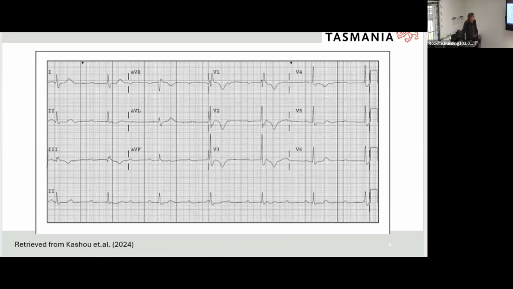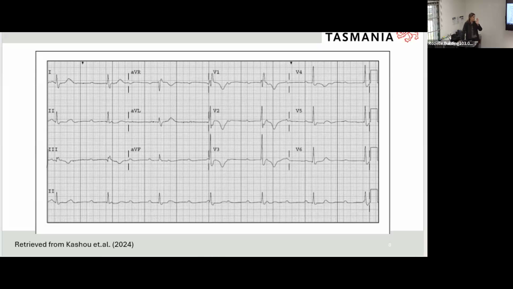V6, yes, absolutely, Bronte. And what are we looking for in V6? We're looking for a Q and a slurred S wave, yes. So we're looking for the Q and then the large RS pattern.